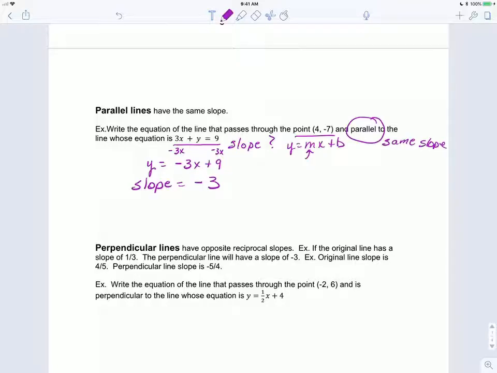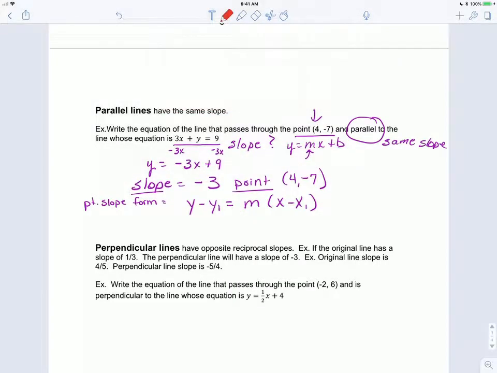Well, then we know the slope and we know a point on the line. So knowing the slope and knowing a point on the line, we're going to use the point-slope formula, which is y minus y1 is equal to m times x minus x1.